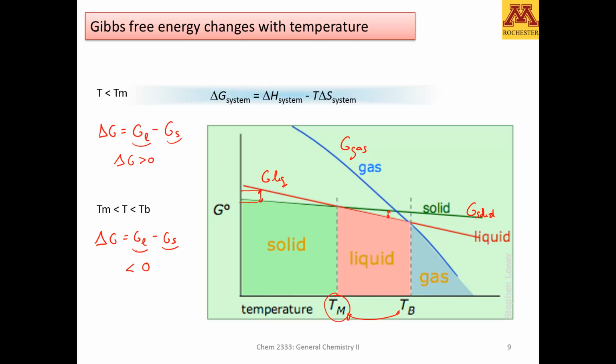The solid melts after the melting point. The same can be applied when you do this for vaporization. So these graphs may help us understand how temperature can change the spontaneity of a process, and the change in phase is one of the simplest examples, and again I would say the most telling one.